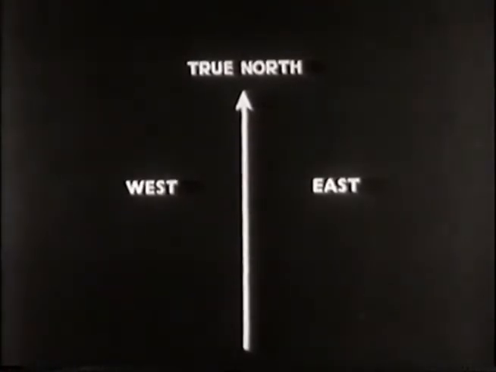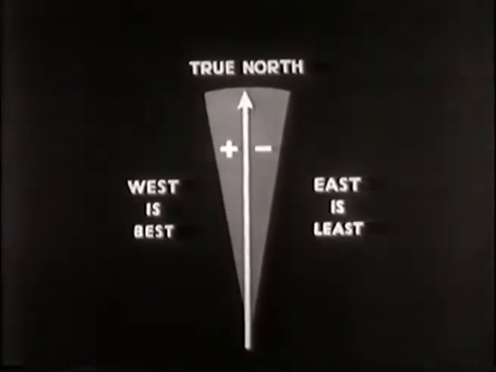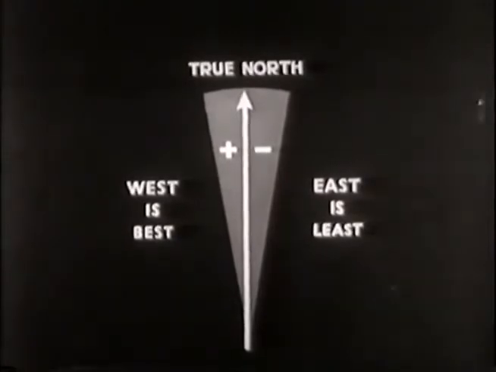Variations are listed on maps as east or west. Always remember that a westerly or counterclockwise deflection is overcome by adding the correction, and an easterly or clockwise deflection is overcome by subtracting the correction. Thus, when going from true course to a compass heading, remember the phrase, east is least and west is best.